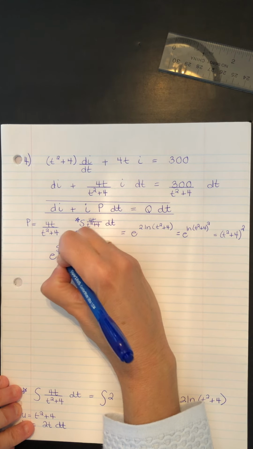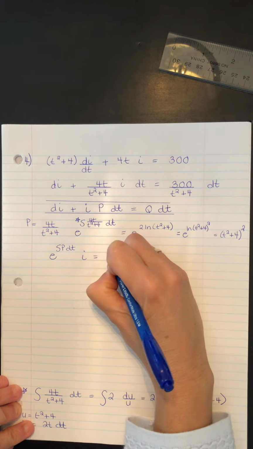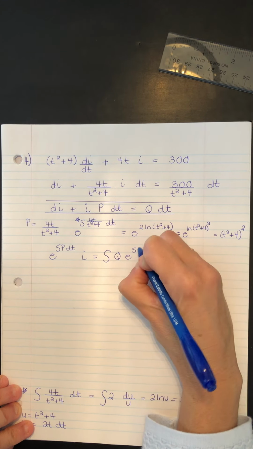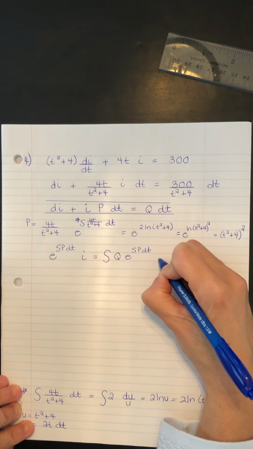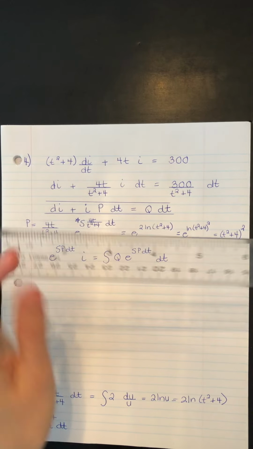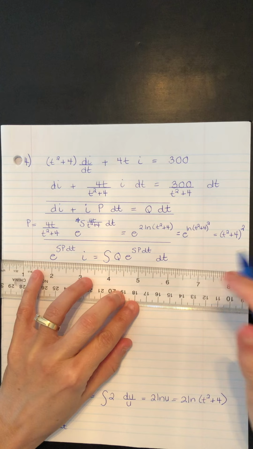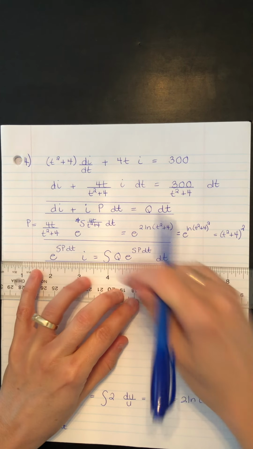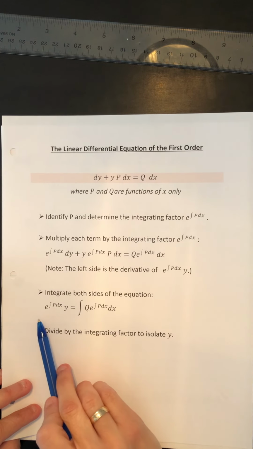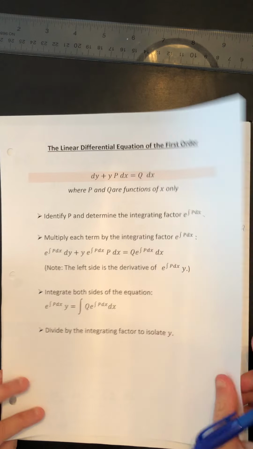So the integral of p dt, and q times e to the integral of p dt, and a dt. So that is what we're going to use now. All right, and it is just this, but with the variables x and y replaced as required.